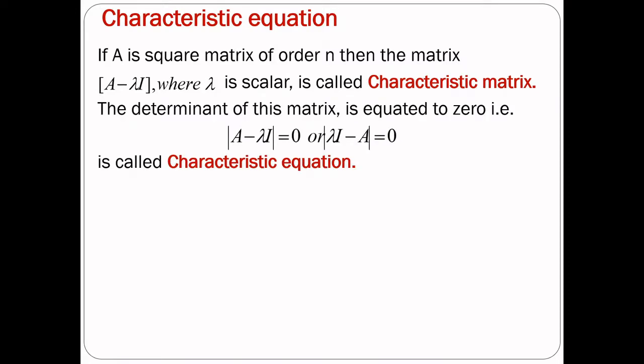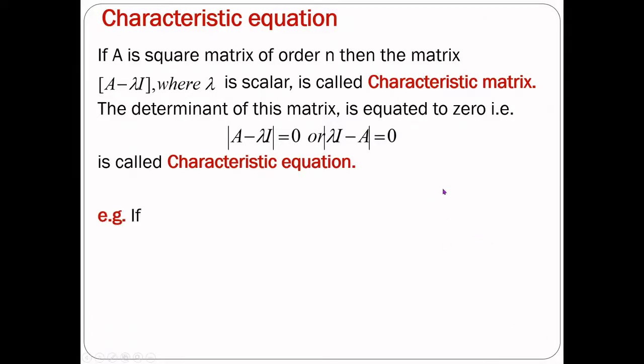The determinant of this matrix equated to 0, that is determinant of A minus lambda I equal to 0, is called the characteristic equation. So whatever equation is obtained after solving the determinant and equating it with 0 is called the characteristic equation.